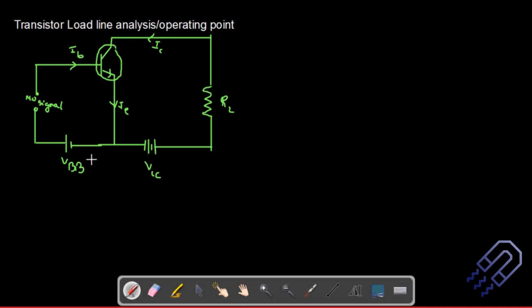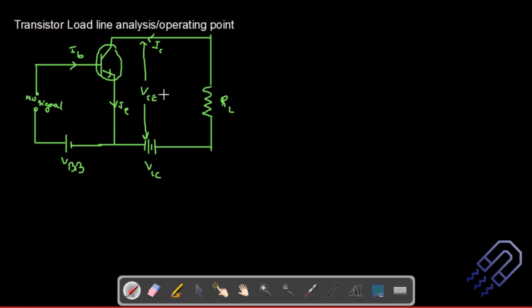What I will do now is use the circuit diagram and Ohm's law to write down the equation. This here is nothing but VCE, the voltage across the output.